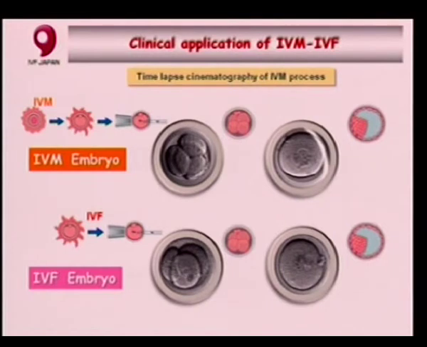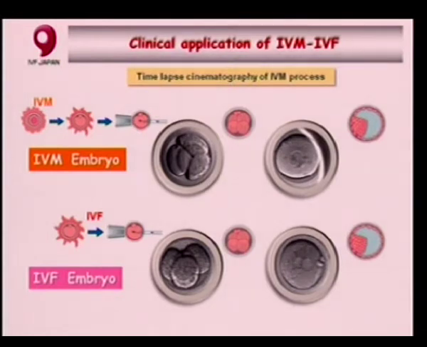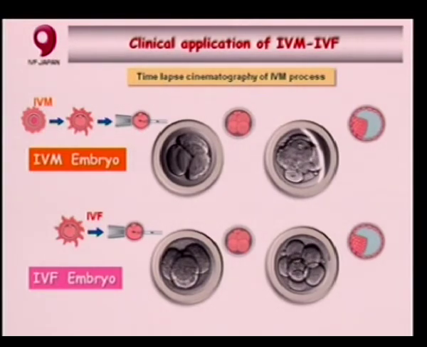They grow at almost the same time, nothing different. And also this is the blastocyst, by time lapse, they grow at almost the same speed. So usually it is thought the IVM embryo is less good than the IVF embryo, but actually they grow at almost the same time. Both reach the blastocyst stage at the same time.